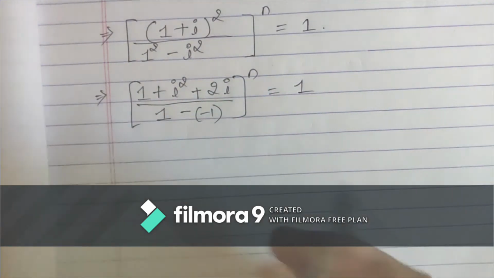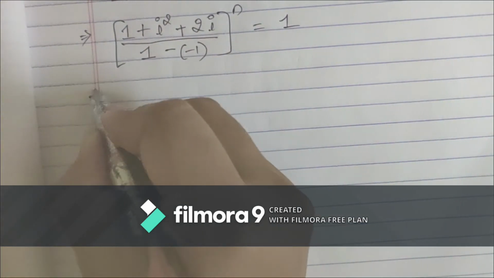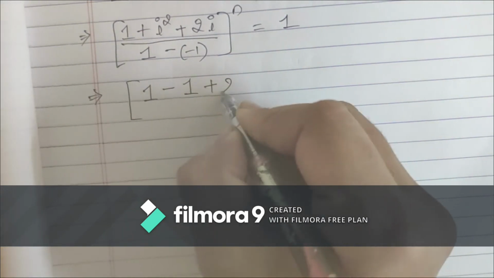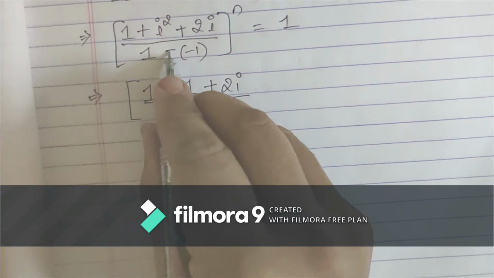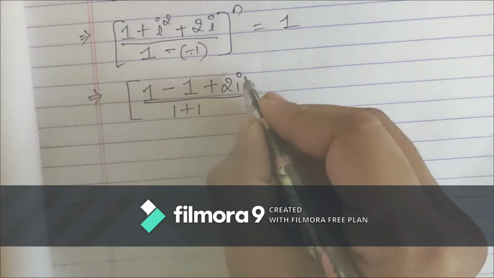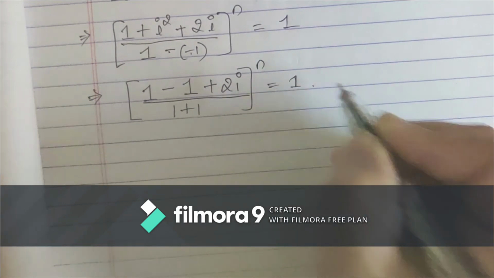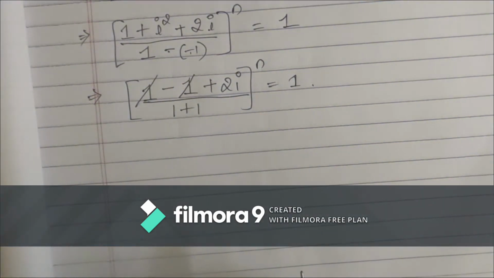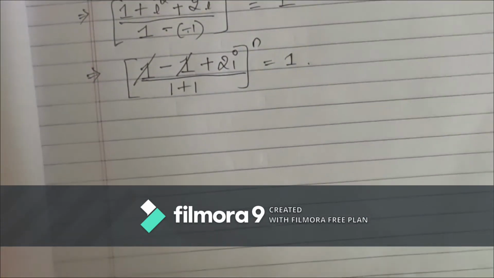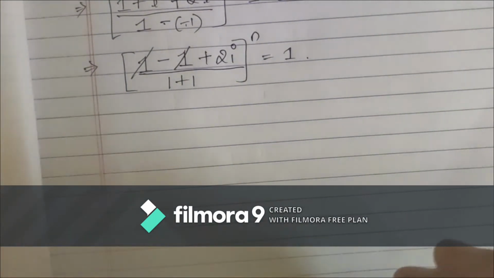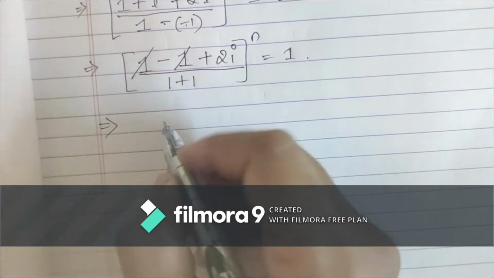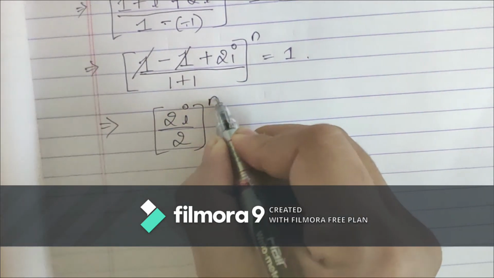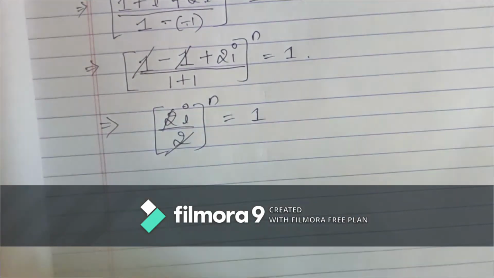So it implies 1 plus i square value is minus 1, plus 2i divided by, minus minus becomes plus. Afterwards, plus 1 minus 1 gets cancelled. So you are left with 2i divided by 2, since 1 plus 1 becomes 2. So again here the 2 gets cancelled.